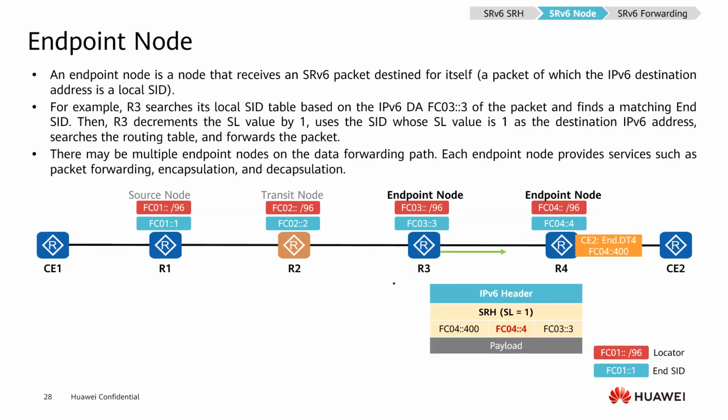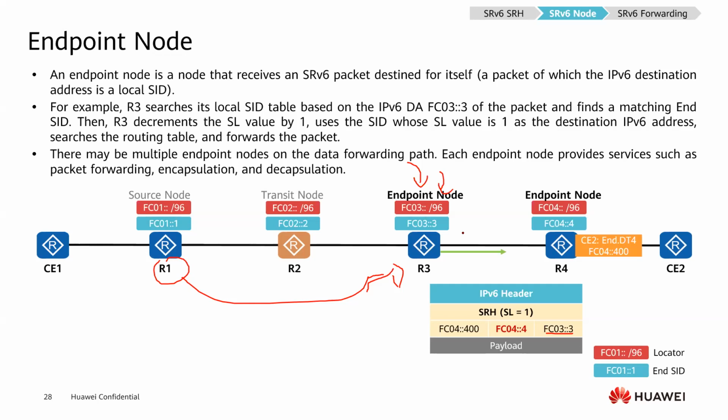And the last type of node is the endpoint node. The endpoint node is the node which can process the SRv6 header. For example, R1 knows the next hop will be FC00::3, so it will send to R3. R3 will be an endpoint node.